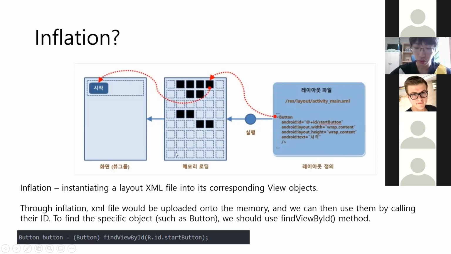We should use the findViewById function to use those objects. The first picture shows loading all the elements, such as a button, into memory. After it is loaded into memory, we can use the button defined in the XML file by accessing its ID and passing it as a parameter to the findViewById function.